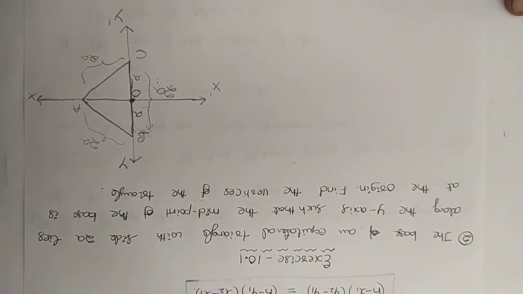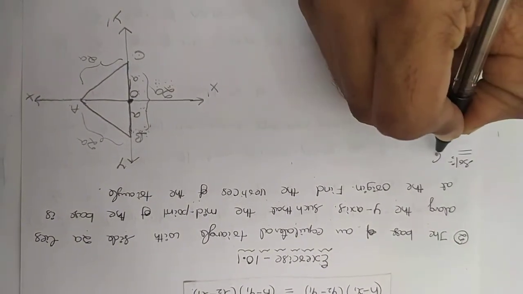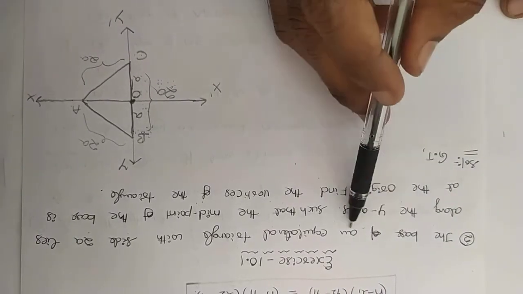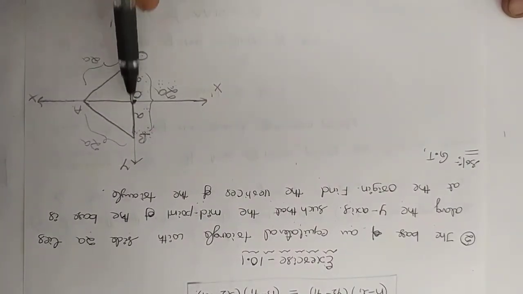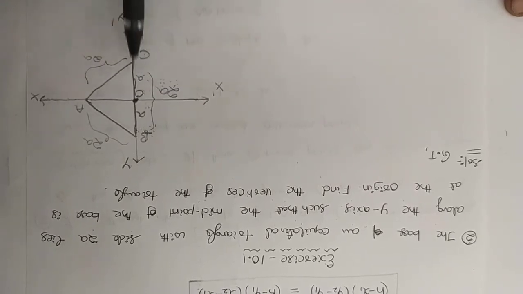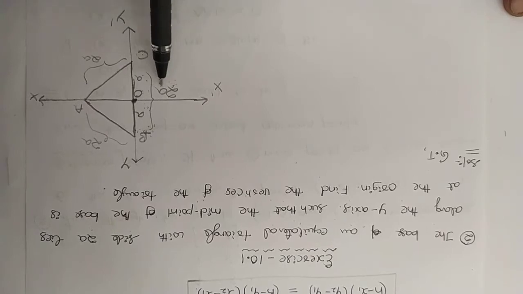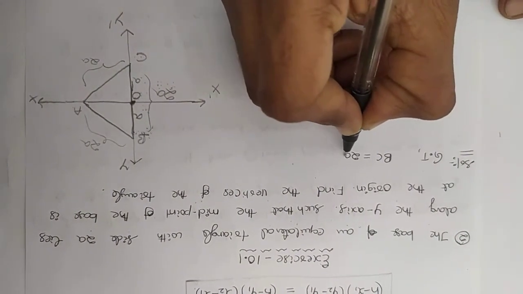Are you getting what I am saying? Yes. Now, solution. What is given? The base of an equilateral triangle with the side 2a. Therefore, BC equals 2a.